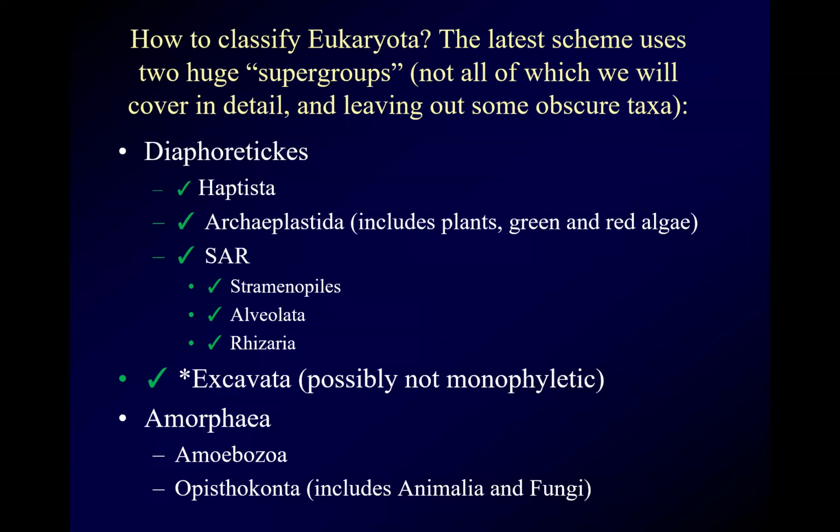And that leaves us with the amorphia, which includes two big groups, the Amoebozoa and the Opisthokonta. And once we get to the Opisthokonta, we'll finally be getting close to the actual animal kingdom after only 3 weeks of lecture.